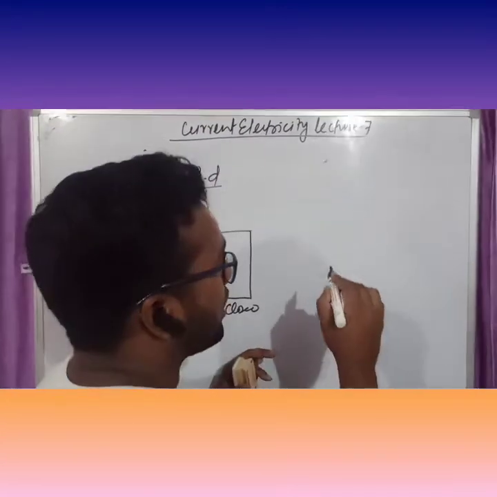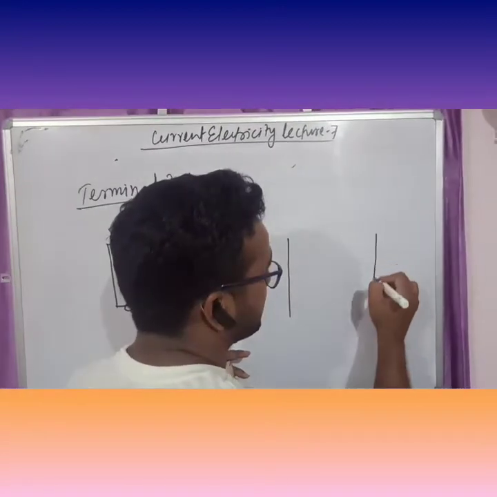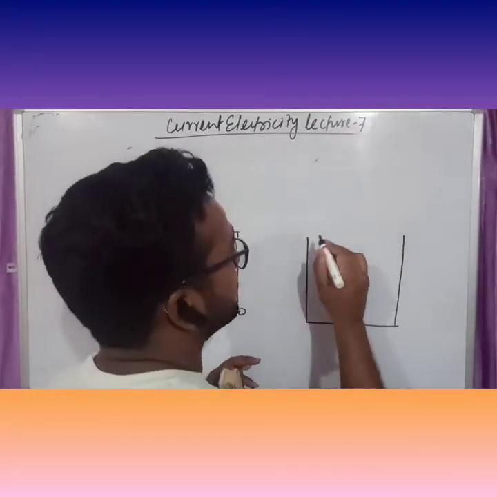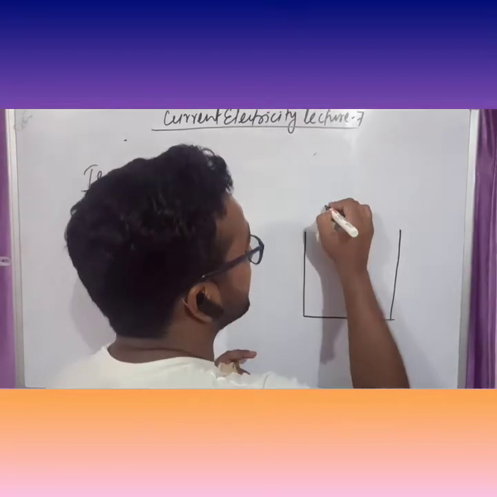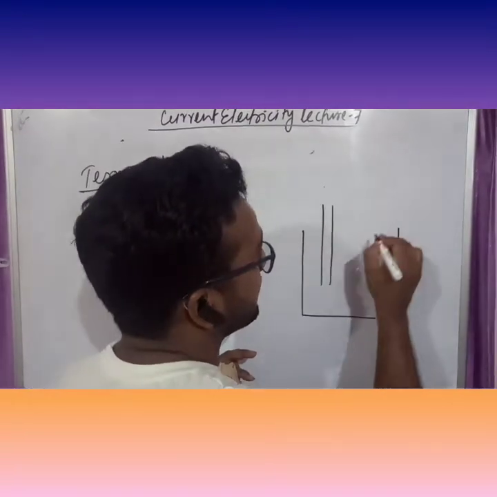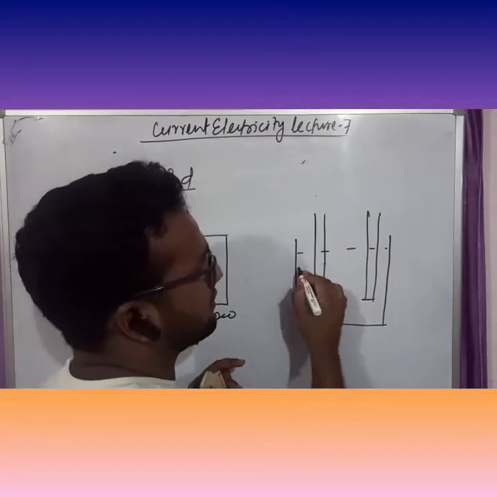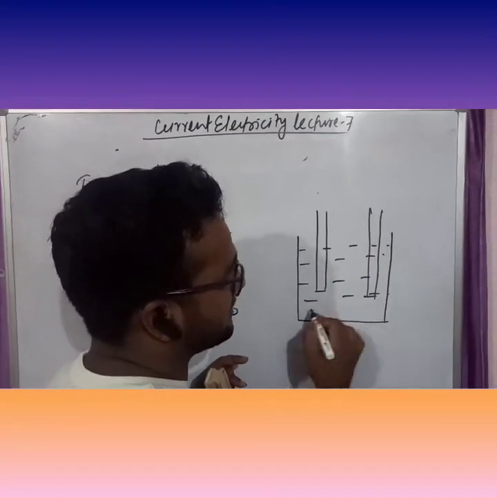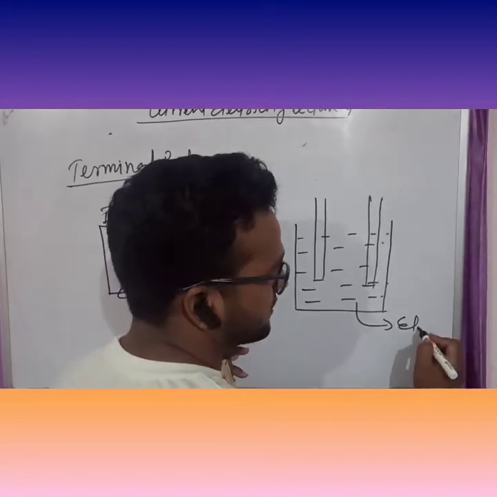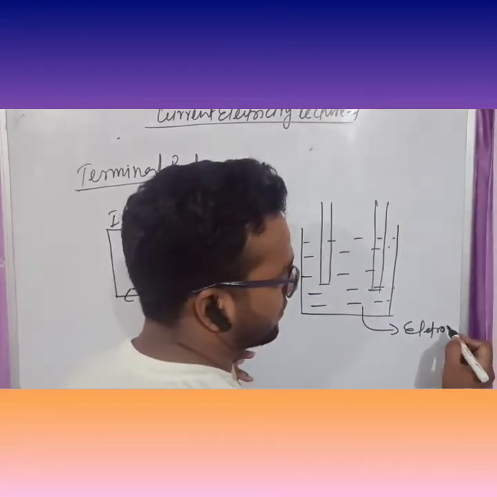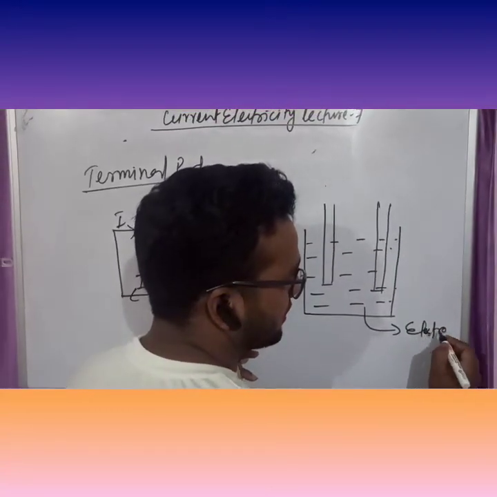Now how can we express it in terms of the electrolytic cell? Like this, here these are the two electrodes, and these represent the electrolyte.